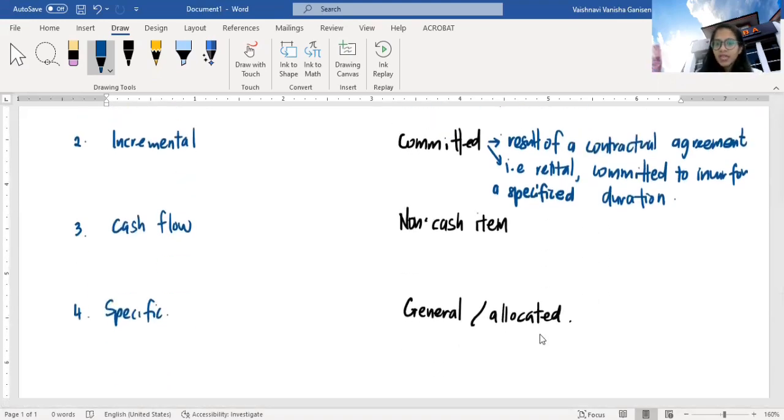Now, cash flow and non-cash item. You know what a cash flow is. Non-cash items are items that don't actually lead to the company having a payment or a receipt. Example, depreciation.